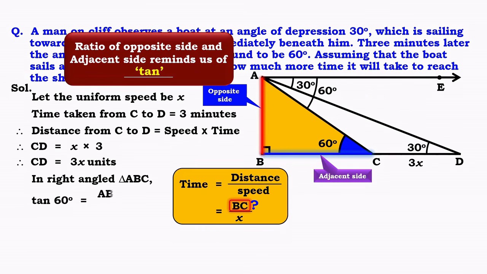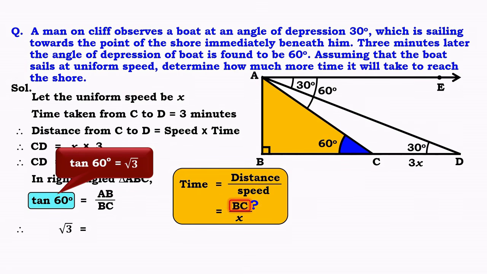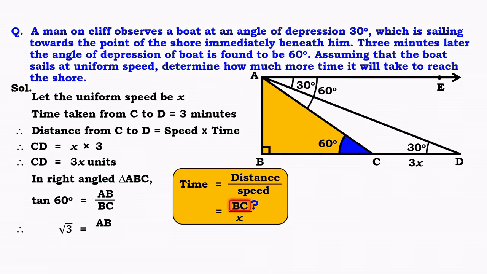The ratio of the opposite side to the adjacent side reminds us of tangent. In right-angled triangle ABC, tangent 60 degrees is equal to AB divided by BC. We know that tangent 60 degrees is equal to root 3. Therefore, root 3 is equal to AB divided by BC. Rearranging, AB is equal to root 3 multiplied by BC.